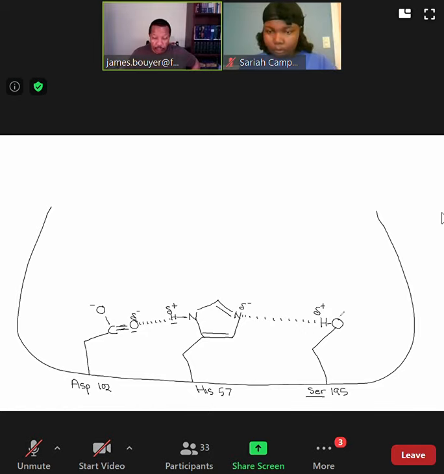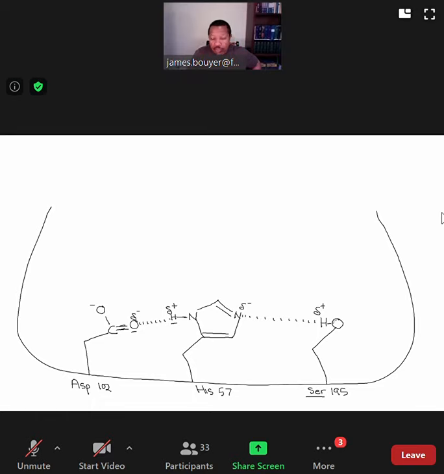In order for the serine to make a covalent bond with the substrate, this serine must lose this hydrogen. The histidine, with this lone pair of electrons, is going to act as a general base and form a new covalent bond with this hydrogen. And that's how the serine is going to be able to make a covalent bond with the substrate.